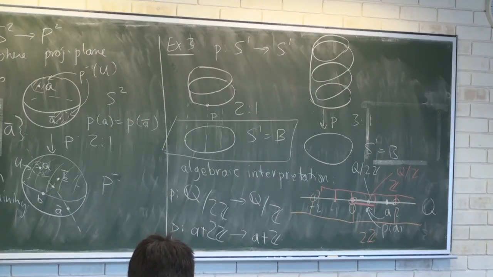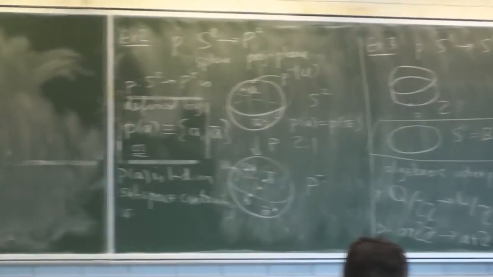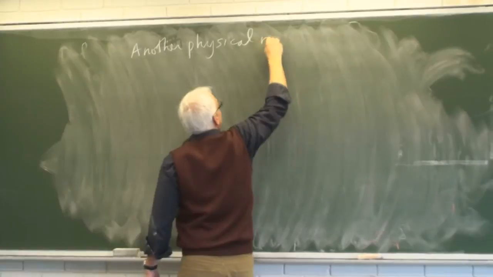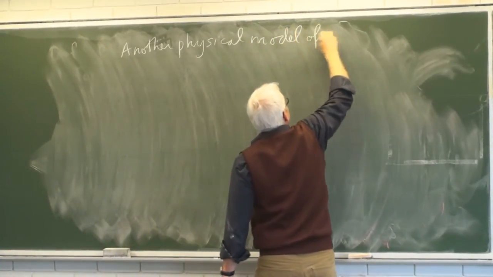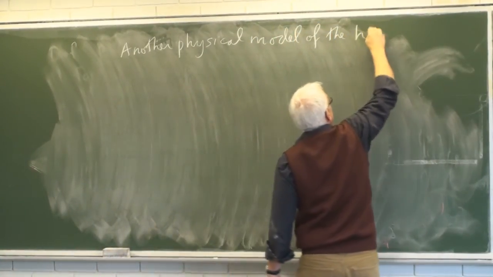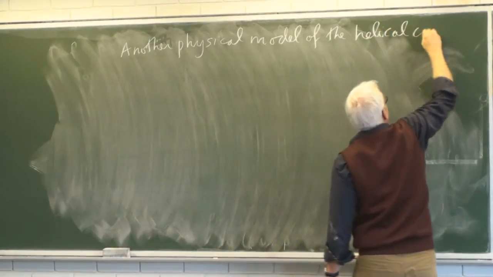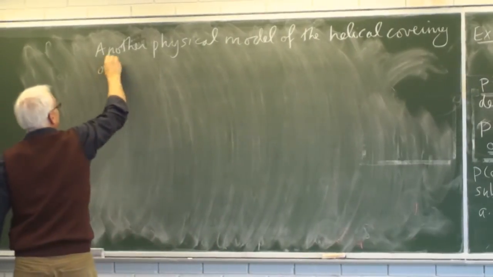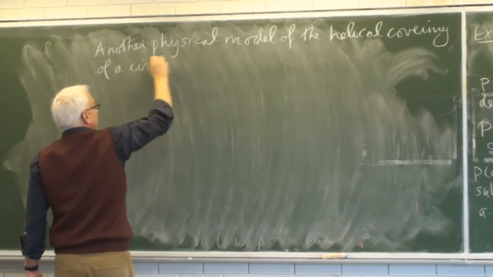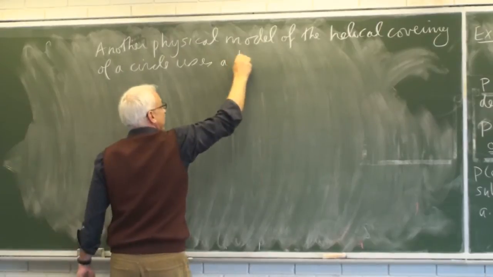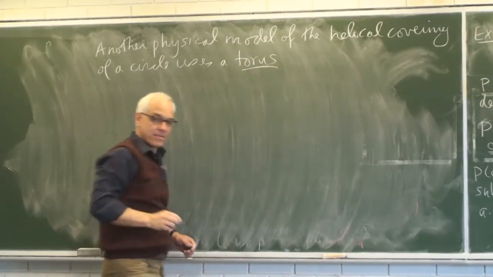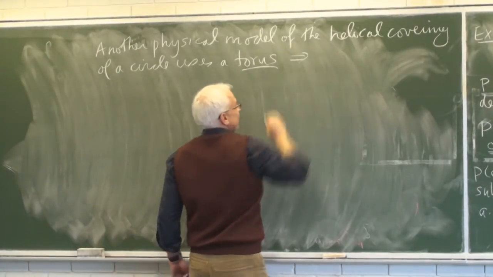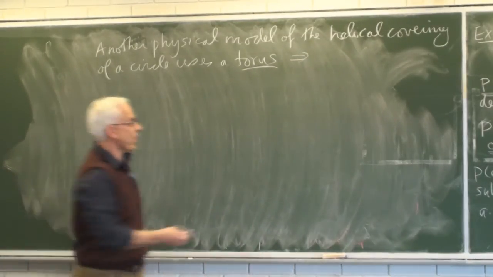So another physical model of that helical covering of a circle uses a torus. And this model leads naturally to a very interesting subject called torus knots.